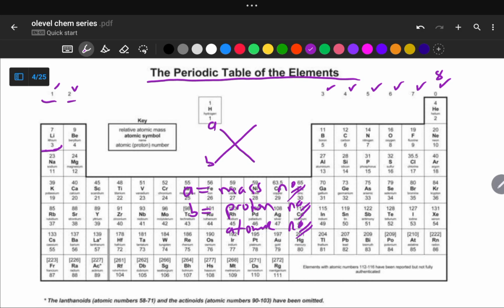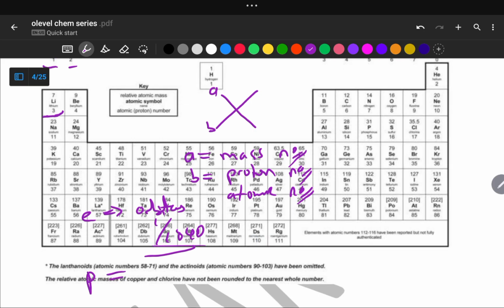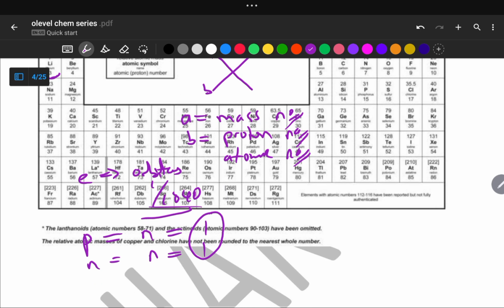So we said that the electrons are located in the orbitals or the shells with a mass of 1/1840, which is negligible. And the protons are in the nucleus with a mass of 1 unit, neutrons in the nucleus with a mass of 1 unit. As you can see, the mass of the electrons is negligible, and the mass of the atom is highly centered within the nucleus.